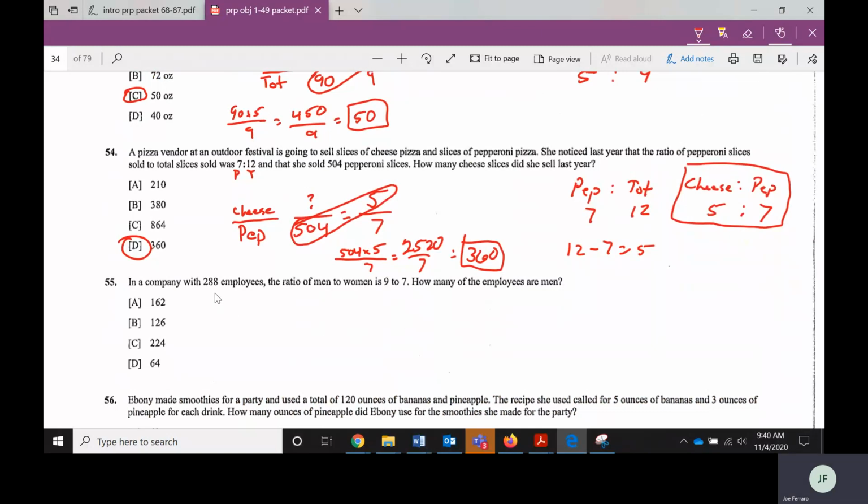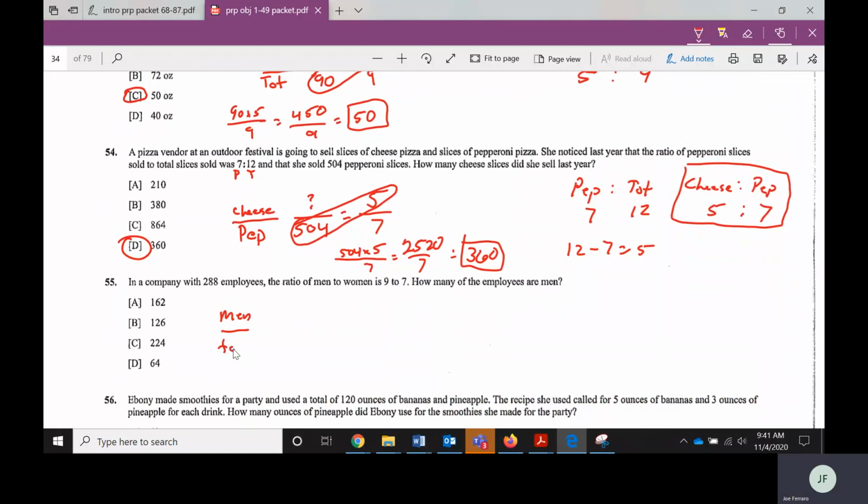It says in a company with 288 employees, the ratio of men to women is 9 to 7. How many employees are men? Okay, so what they're looking for is men. And they're looking for how many employees are men when what? When there are 288 employees.